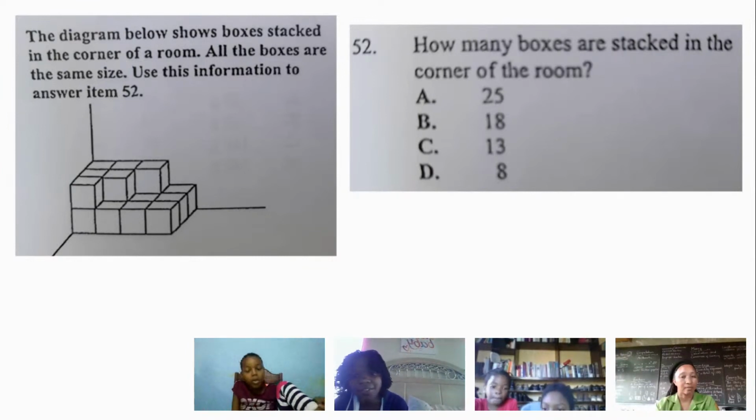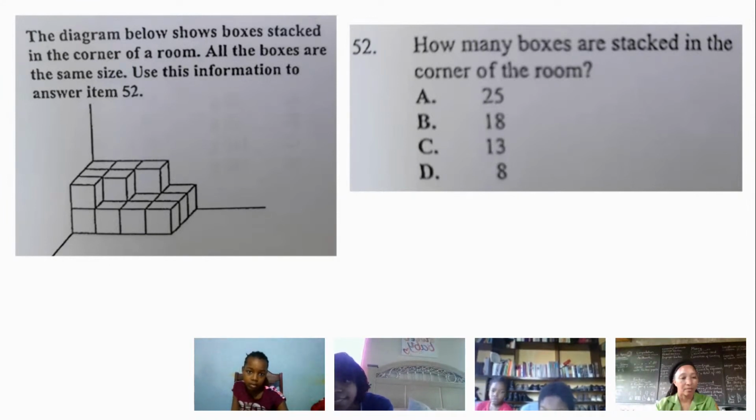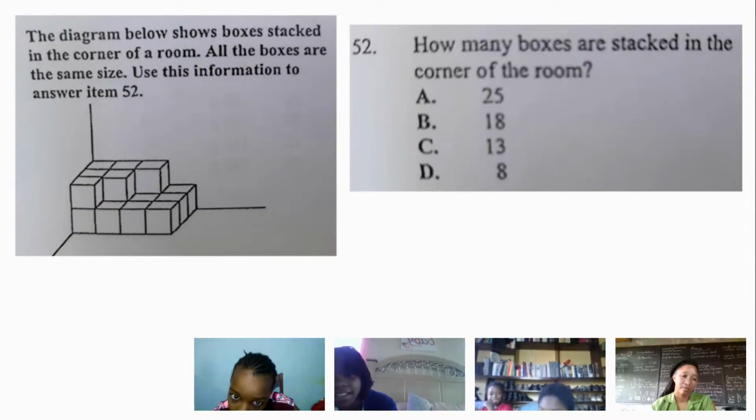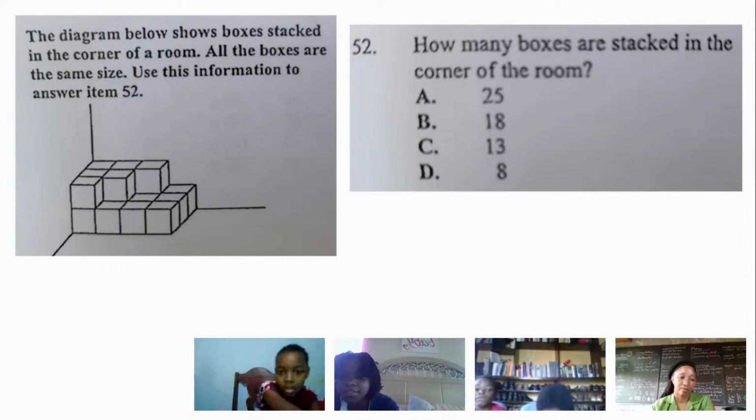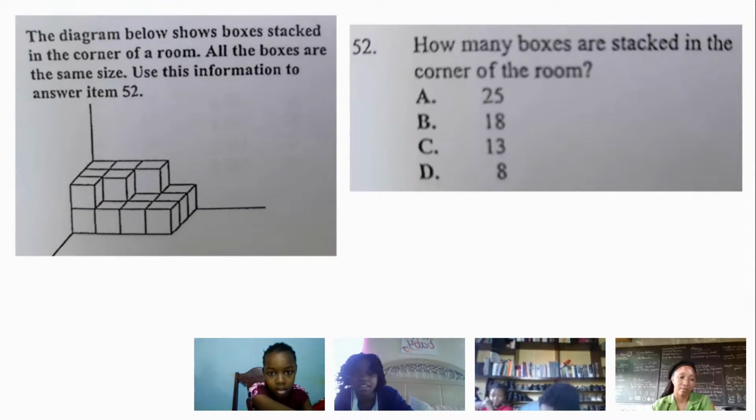The ones at the back that are stacked fully on each other, that's 6. Then the ones beside that, that's 4 plus the 1 down at the bottom. So 6 plus 4 is 10. And then the next one with the 1 stacked on top of it, you can count that as 2, and then 3, then 4, then 14. And then the 3 at the end.